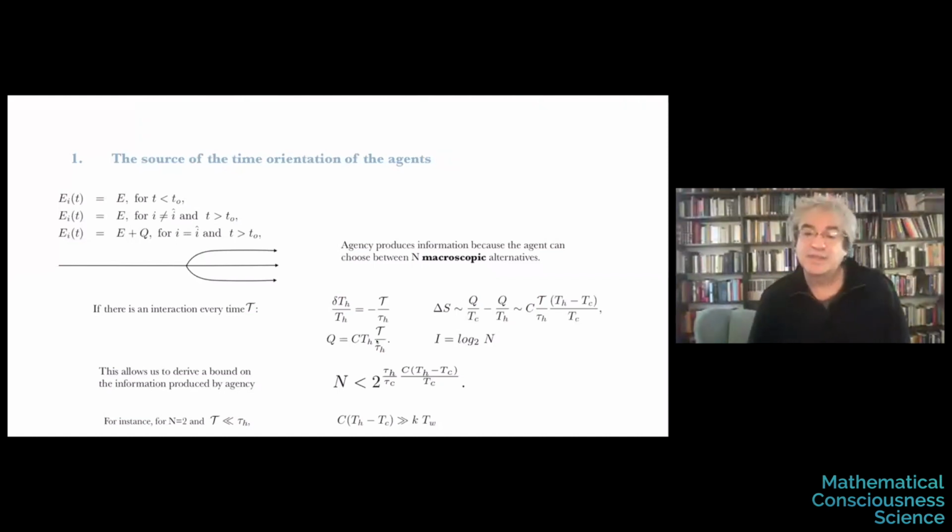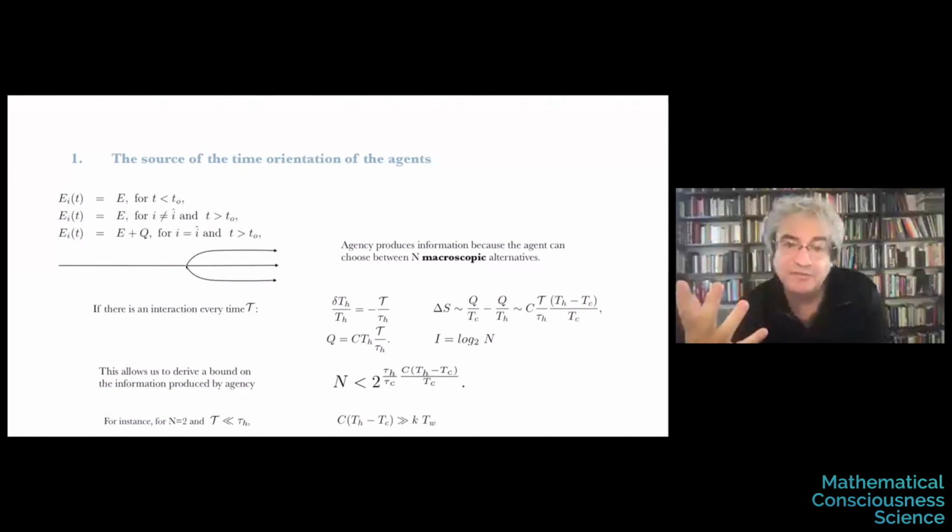So I know the change of entropy in one hit. But when there's one hit, careful. Then there's one hit, I gain macroscopic information, because before I didn't know what was going to happen. And after I know which one has happened. So the agent here is choosing, is creating macroscopic information, right? When I go left or right, I choose, I am generating information.